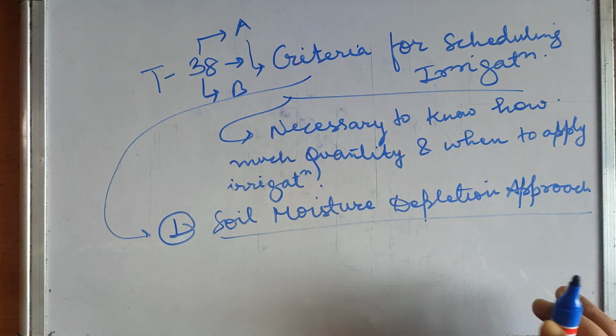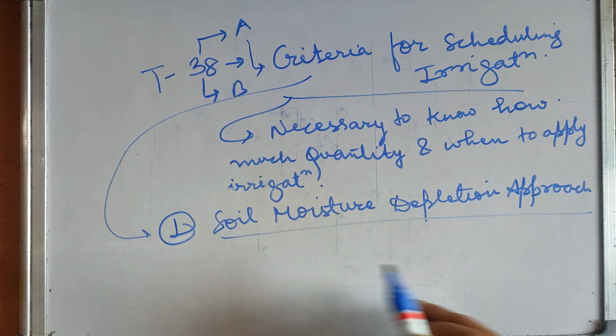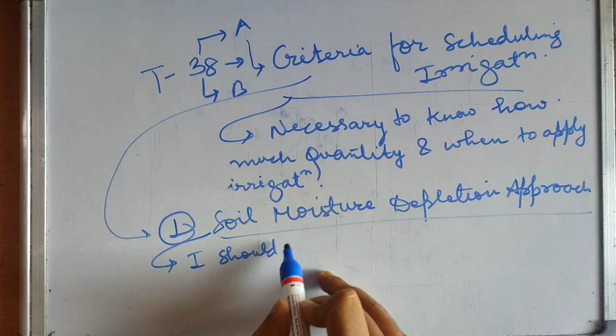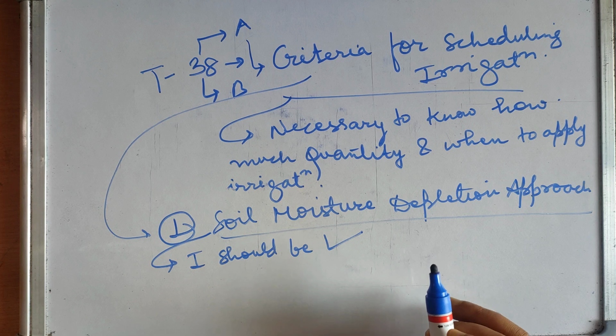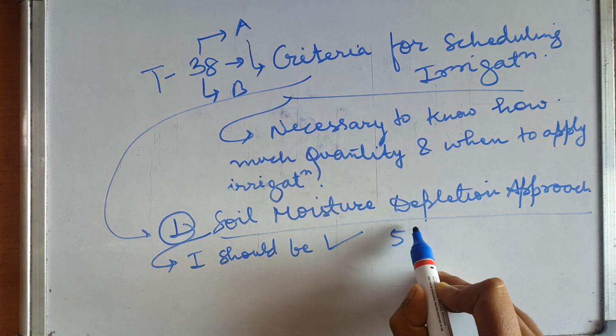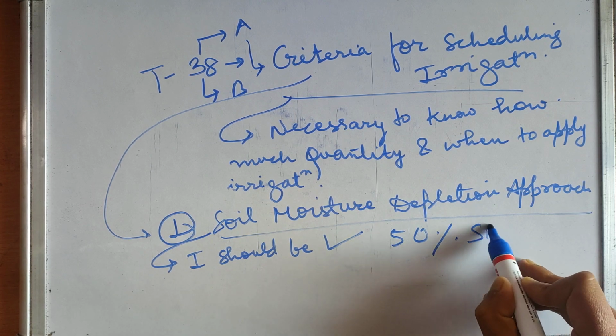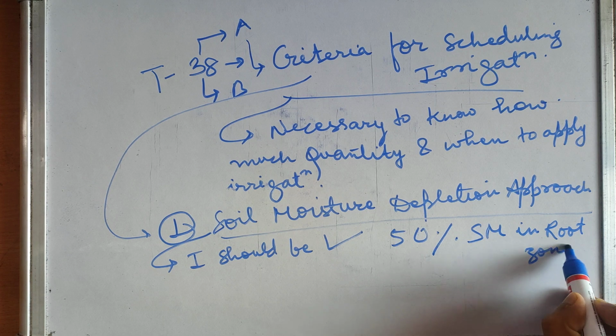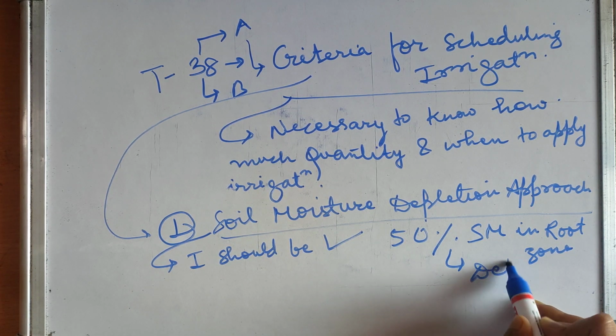In this approach, irrigation should be started when 50% of available soil moisture in root zone is depleted.